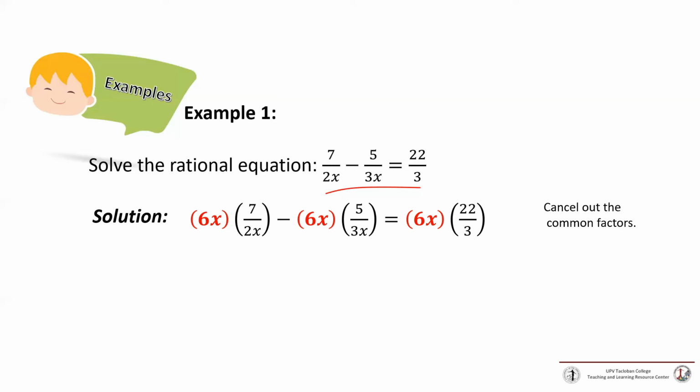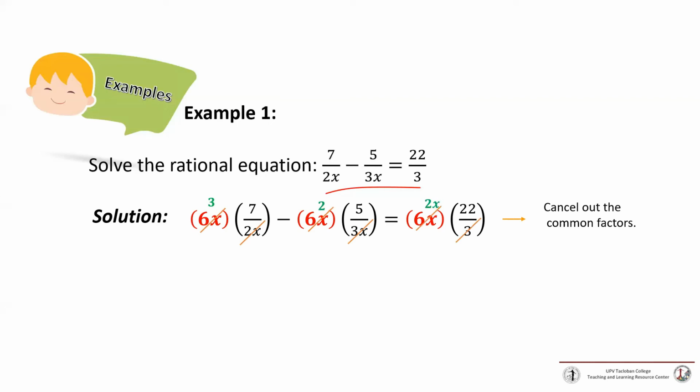What are the common factors of 6x and 2x? 2x. So 6x divided by 2x, the GCF is 2x, so the answer is 3. 6x divided by 3x is equal to 2, while 6x divided by 3 is equal to 2x.